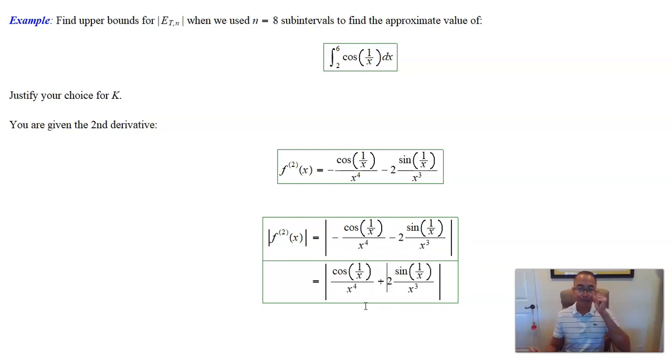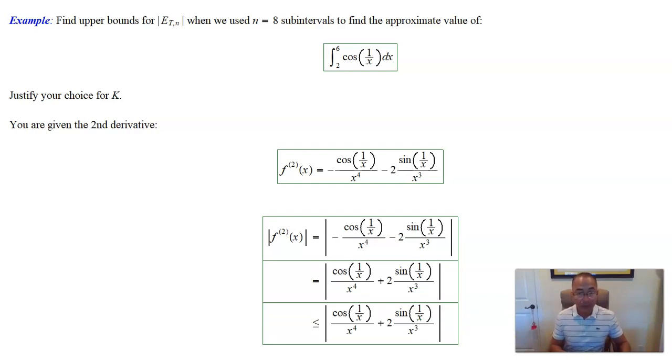Okay, fine. But we are now going to apply the triangle inequality. Okay, so there are 2 terms inside the absolute value. We are going to distribute, so to speak, that absolute value, but it's not going to be an equal sign anymore. It's going to be a less than or equal according to the triangle inequality. Okay, so we're going to break this up.